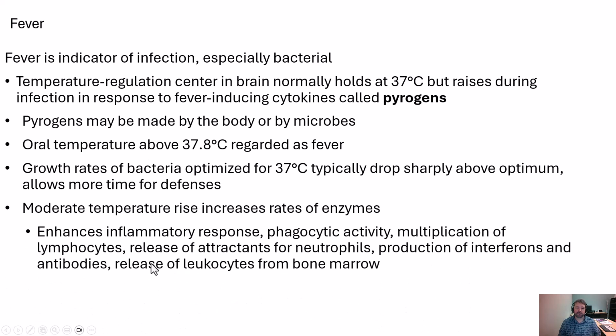Okay, the other thing that it can do, so when you increase temperature, it can increase rates of enzymes that might be used to break down things like the peptidoglycan layer. So enzymes like lysozymes may work just a little bit better when you increase the temperature just a little bit. So there's lots of ways at which this can occur. Okay, in some cases it can increase the multiplication of lymphocytes, increase the release of leukocytes from the bone marrow.